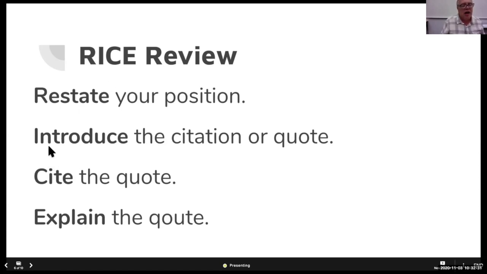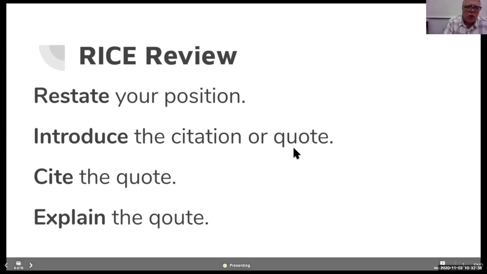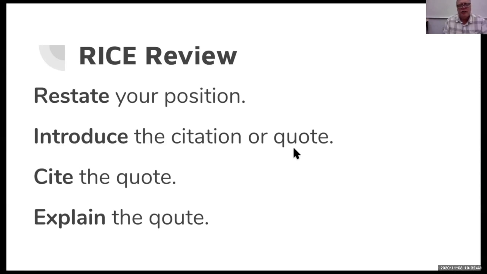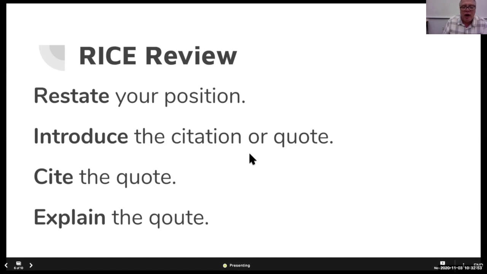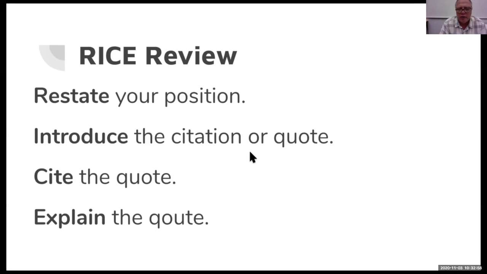The I stands for introduce the citation or quote, because you're going to go into the article, into the story, and pull out something which is said in that article or story that you want to use as evidence. To introduce it, you have to say, in the article or in the story, such and such, it says, okay? It's very formulaic, at least for now.